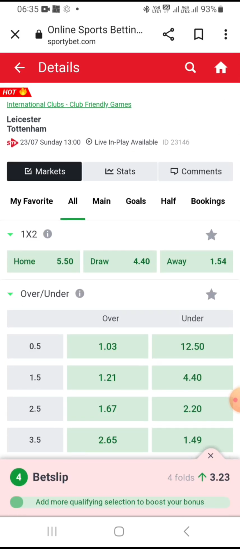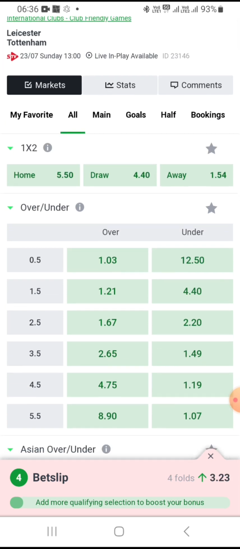But for now, that 1 times 2 is all about this: 1 is home, 2 is away, which means home has an odd of 5.50, away has an odd of 1.54. So if you are choosing away, you are saying that Tottenham is winning outrightly, meaning that they have to beat Leicester. If you are saying home is winning, meaning that Leicester is winning outrightly, they have to beat Tottenham.